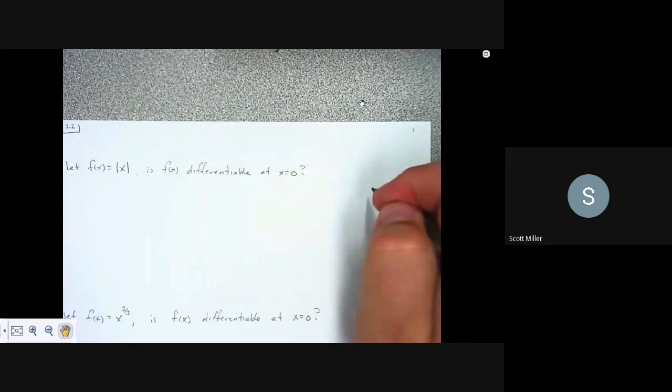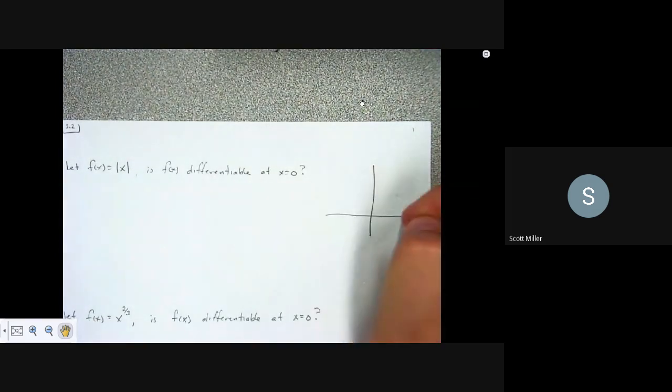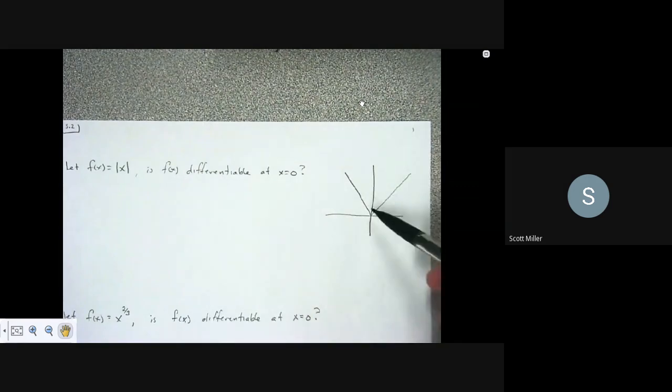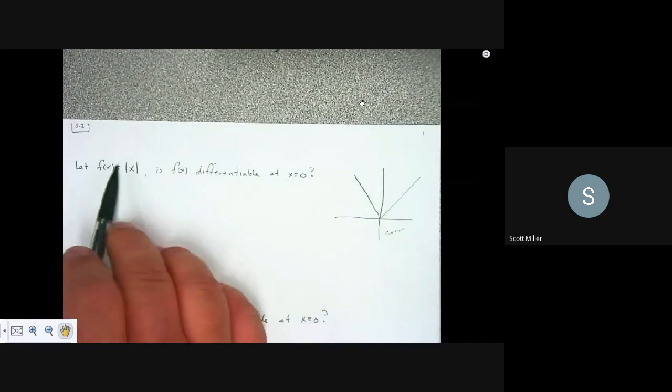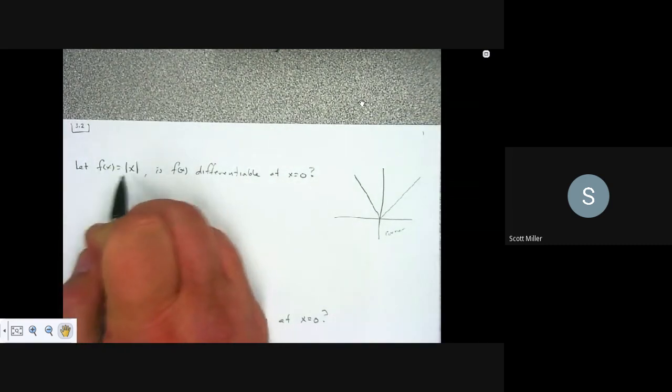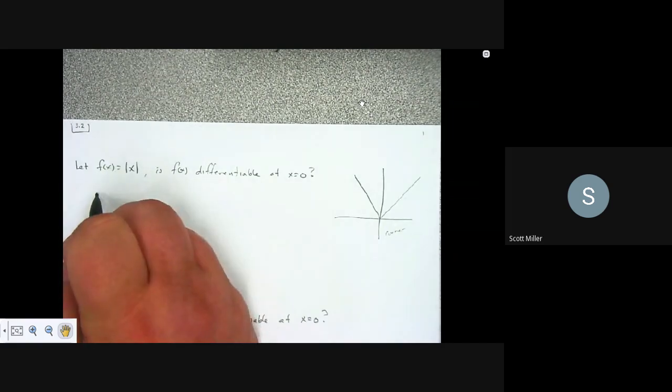So remember, the absolute value of x is a V-shaped graph, something like that. Here is 0. So what is this right here? Well, this is a corner. Looking at this function, the absolute value, you need to keep in mind, or hopefully you remember, that the absolute value can be written as a piecewise function.